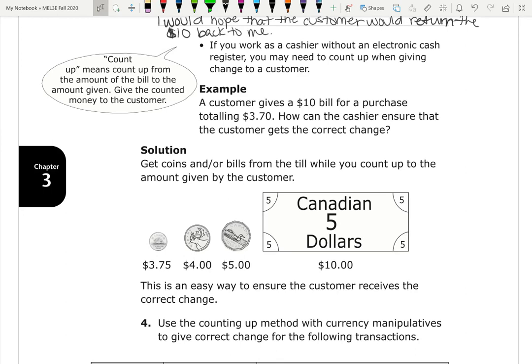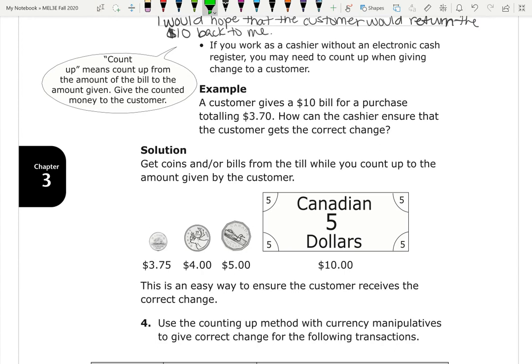The customer will give you an amount of money, and if it's not exact, you type in exactly how much the customer has given you into the computer, and the computer will provide to you the amount of change to return to the customer. So most of the time you don't have to do this in your head, but it is important for you to learn how to provide change in your head.